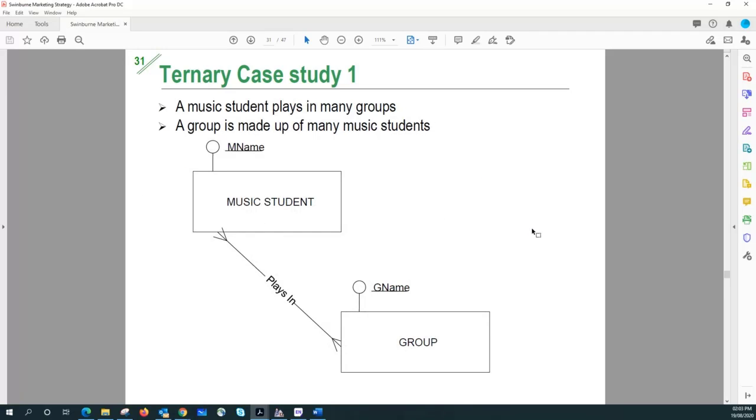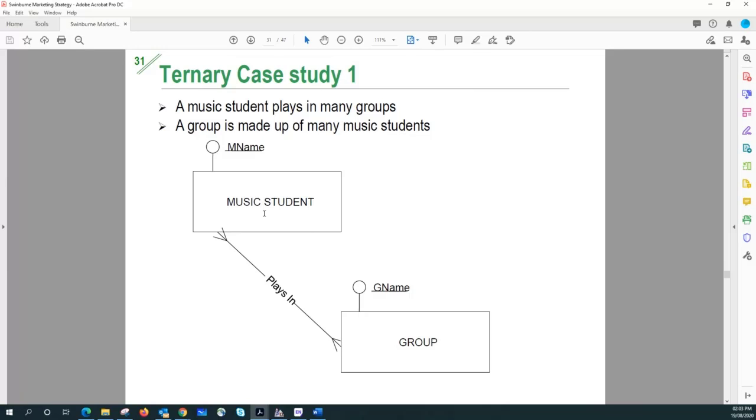The second relationship is between the music student and the group. The scenario says one music student can play in multiple groups, with no restrictions, and one group can consist of many music students.